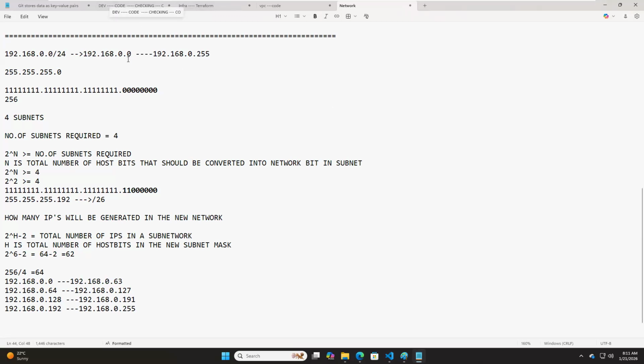So this is the range of this particular IP address. The first network starts with 192.168.0.0 and the last network ends with 192.168.0.255. Hence, this entire network is divided into 4 subnets. So this is how you can divide the very big network into small networks.